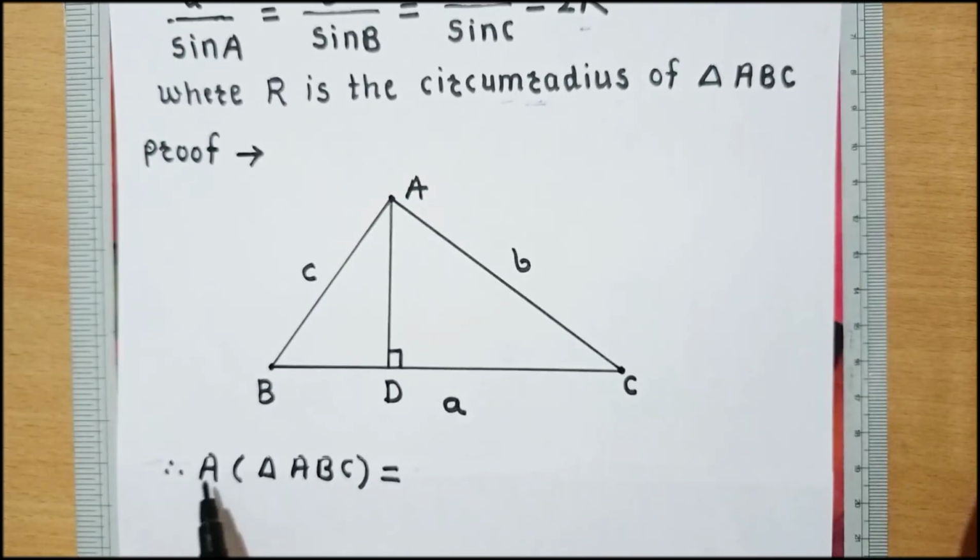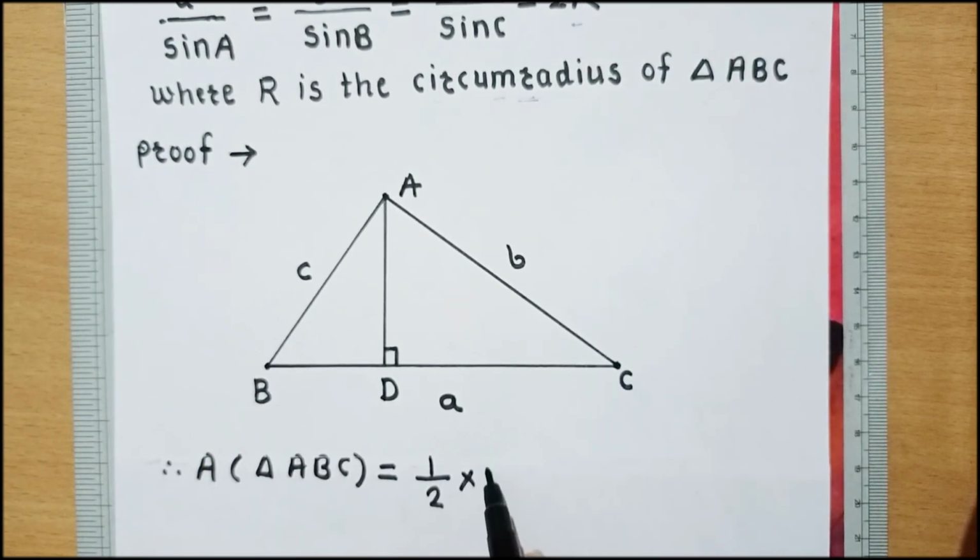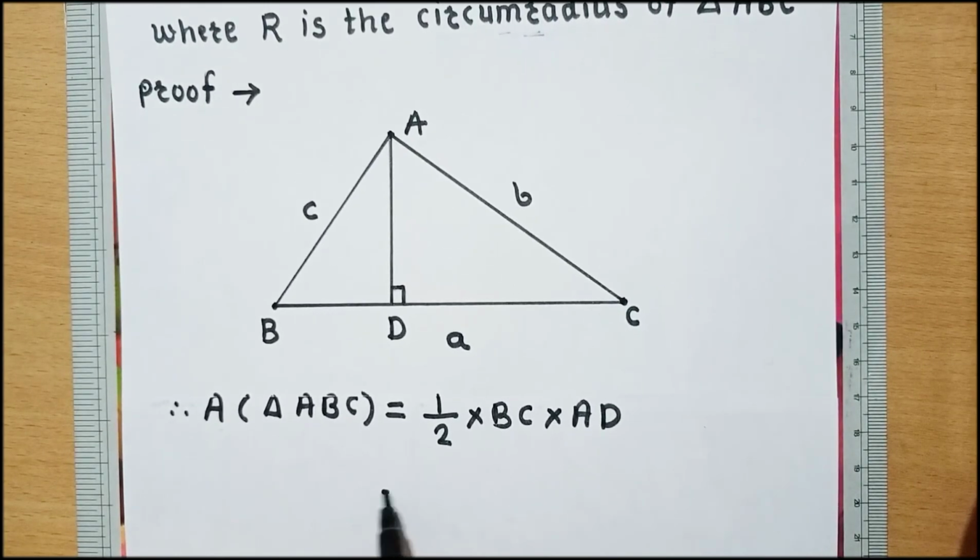And therefore let's find the area of triangle ABC, which is half multiplied by base, which is BC, and again height is this AD. And let's substitute, that is equal to half, again the length of BC is this small a, and we have to find out what AD is.